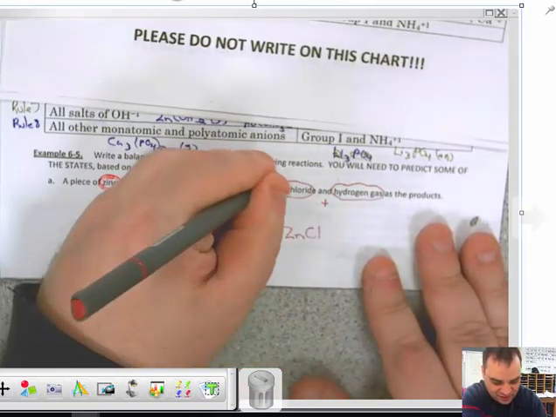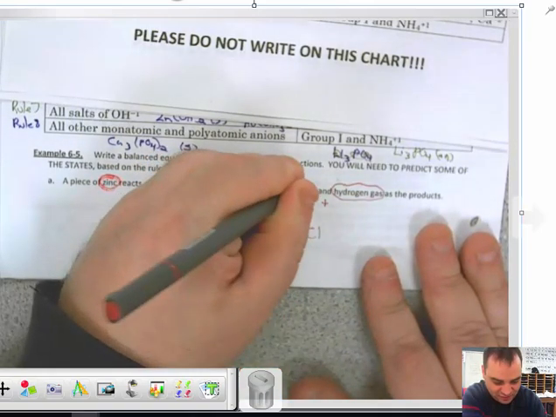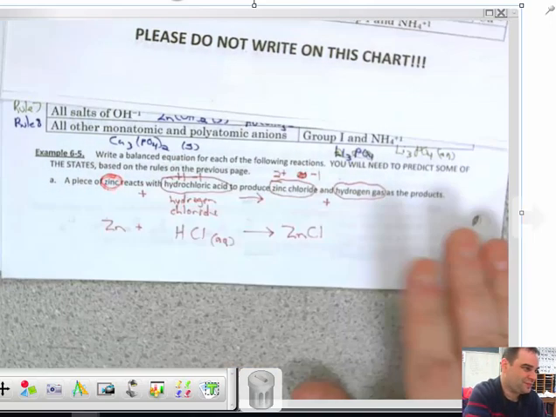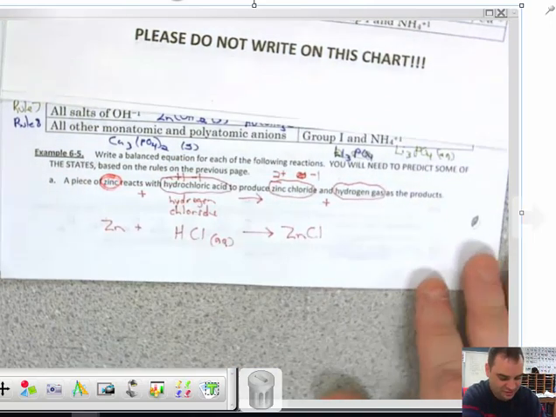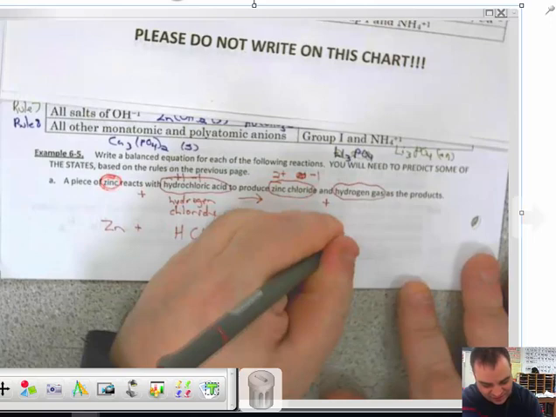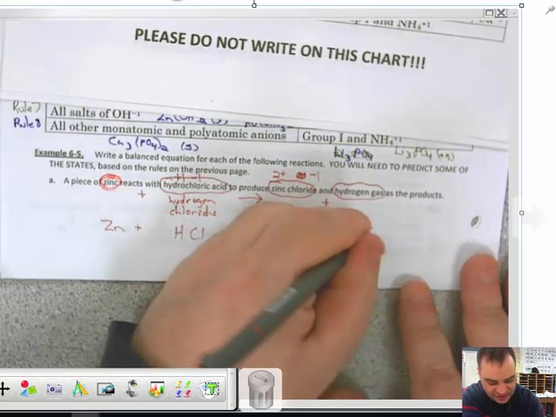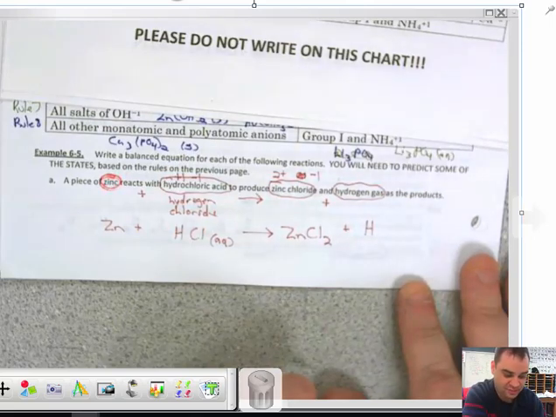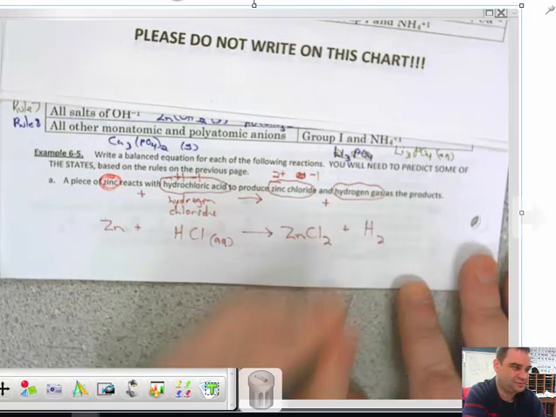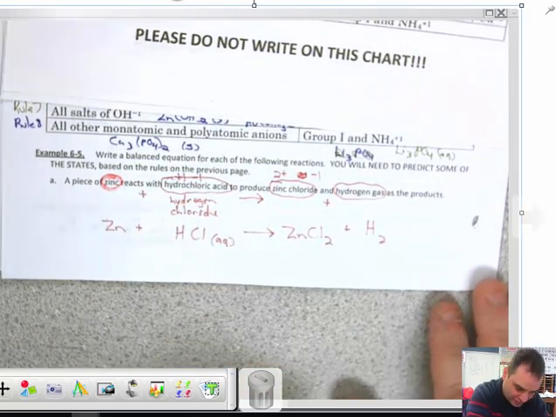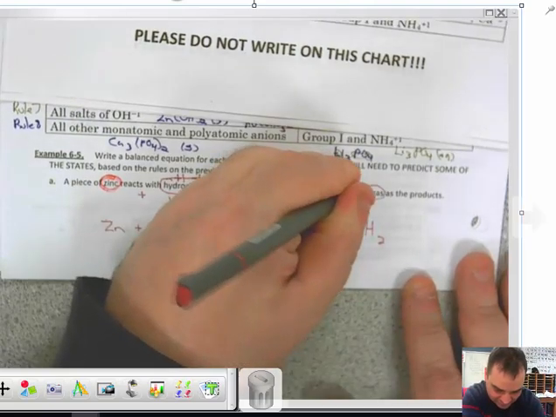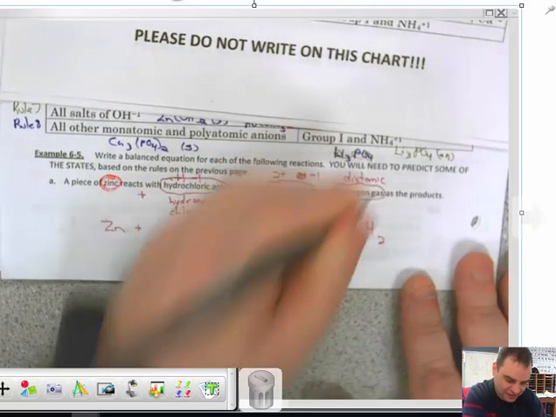But you remember zinc is +2 and chloride is -1. So the correct formula for zinc chloride is ZnCl2. And hydrogen gas is H2. Because it's one of the diatomics, remember that. Diatomic element has to be H2.